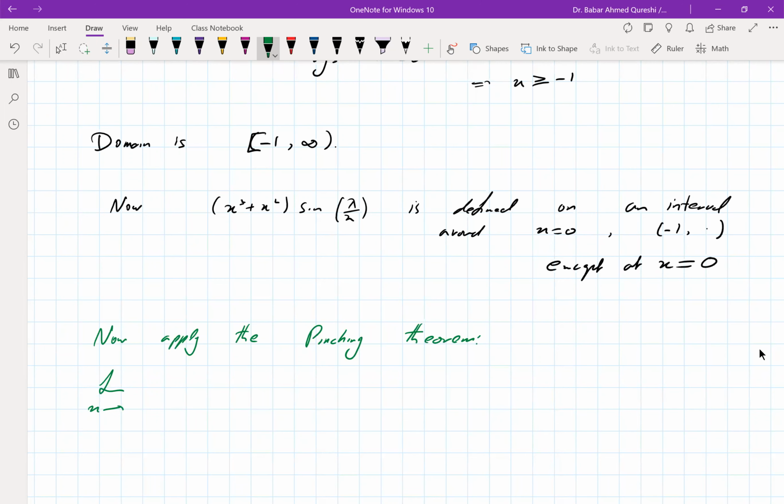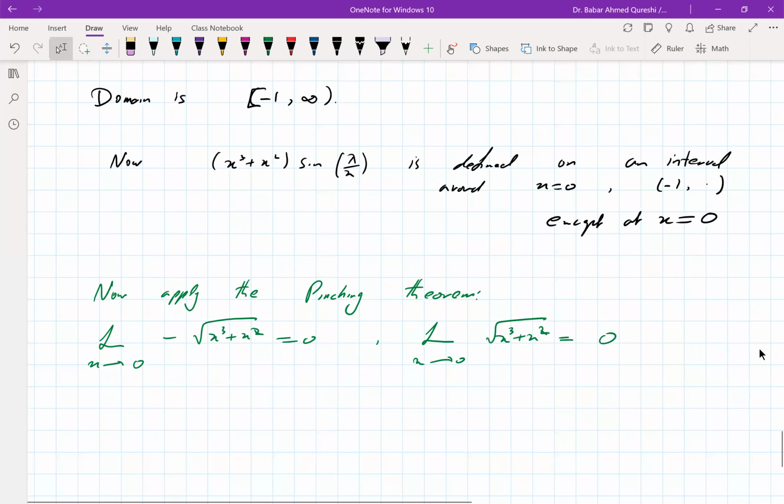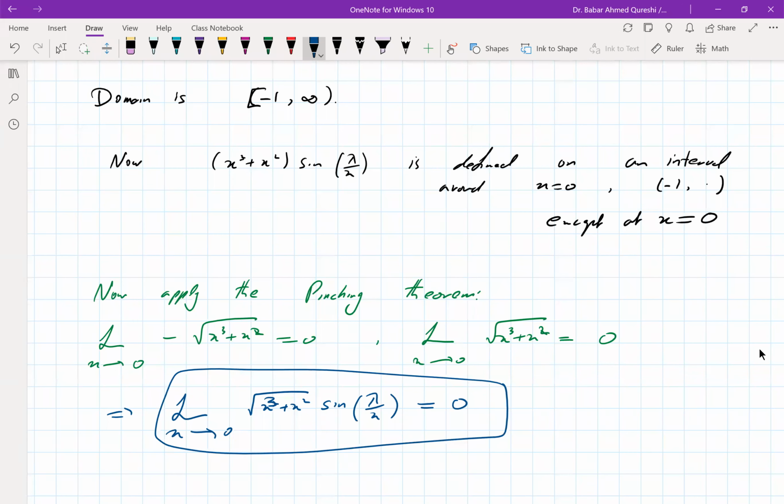So I have this is 0, and this is 0. So this implies that the function which is sandwiched between them at x is equal to 0, its limit is also 0.